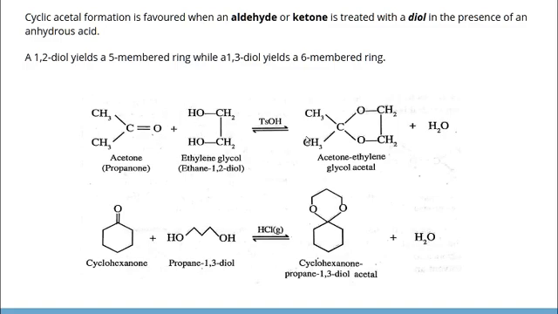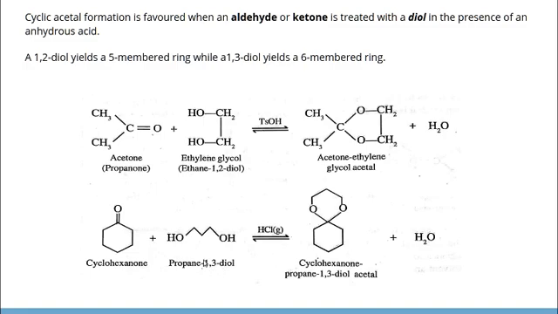Then we will get acetone ethylene glycol acetal. This is a 5-membered ring: 1, 2, 3, 4, 5. So from 1,2-diols we will get a 5-membered ring. This is 1,2-diol. Then this is 1,3-diol: 1, 2, 3.